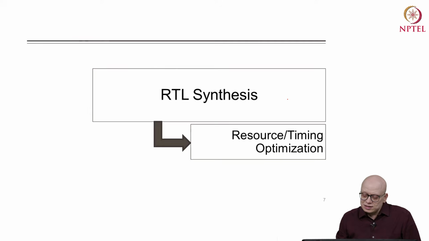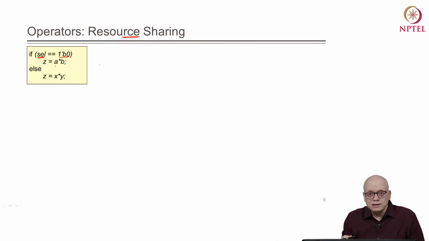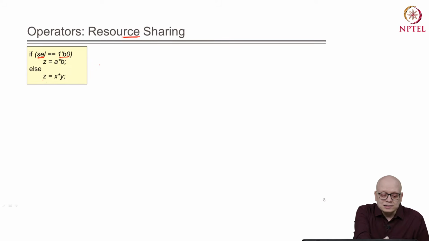First, let us look into an RTL specific optimization, which is known as resource sharing. To understand it, let us take an example. Suppose we are given a piece of code in which there is a select line, which, if it takes a value of 0, then z is equal to a star b, or a multiplied by b, else z is assigned x star y, or x multiplied by y.